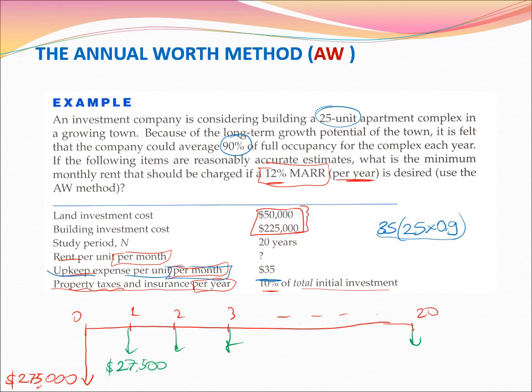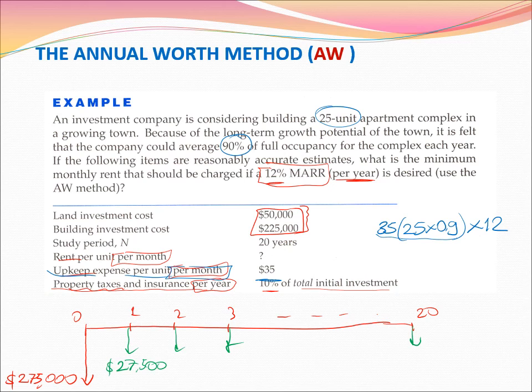And this is for 1 month. But I need to find its annual value so that I will multiply by 12, and this will be the annual upkeep expenses. So 25 times 0.9, then times 35 times 12, and this value is, let me write it here.